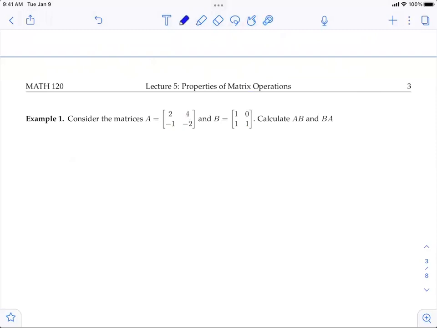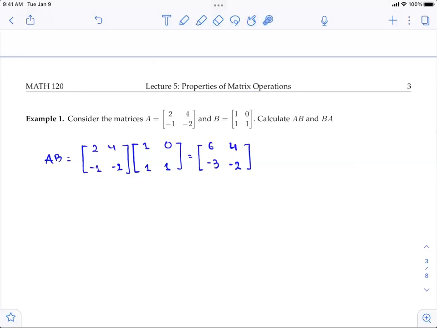The product is going to be 2, 4, -1, -2 times 1, 0, 1, 1. The answer is going to be 6, 4, -3, -2.